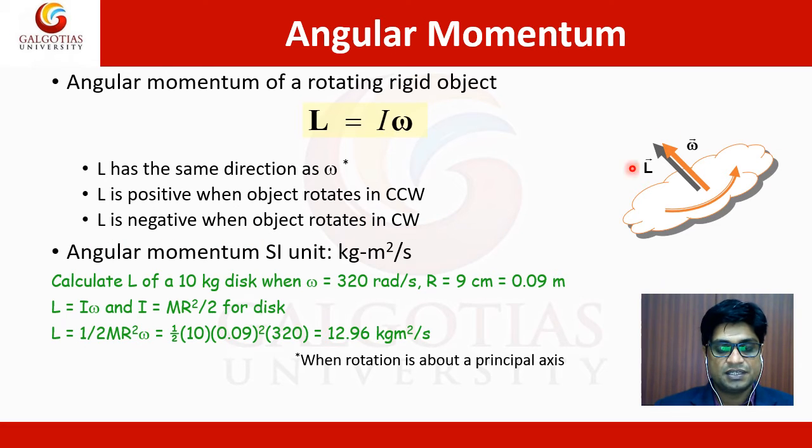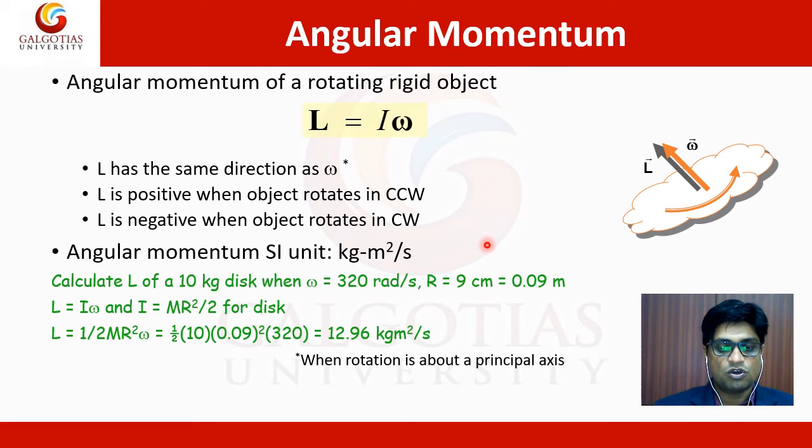So if the object is trying to rotate counterclockwise, then the angular momentum will be perpendicular to the object, as given in the figure. Its SI unit will be kilogram meter square per second.